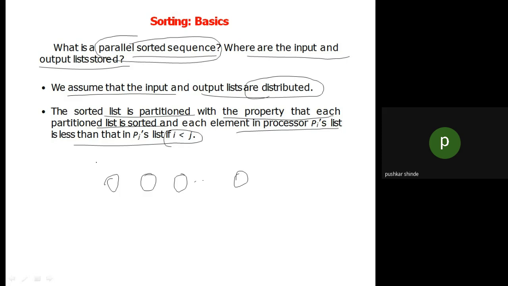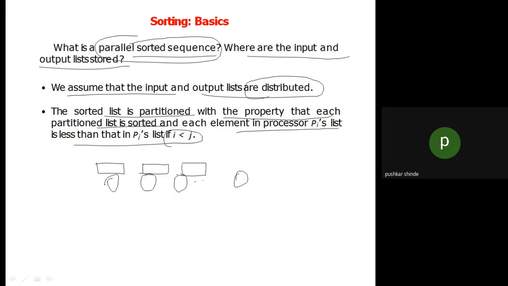Each processor will have a sorted list with itself. The whole list is not sorted, but the list with each processor is sorted. That is what is taken for granted.